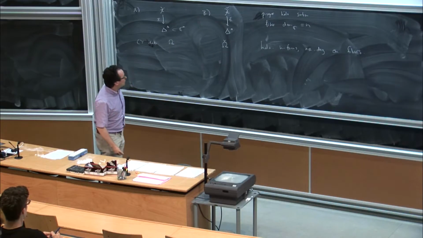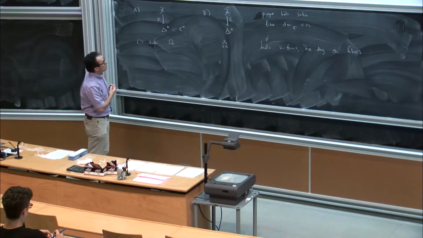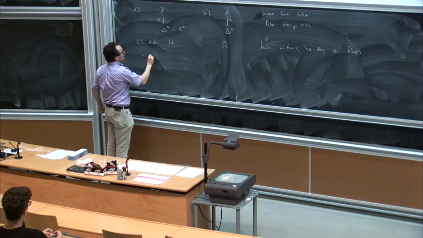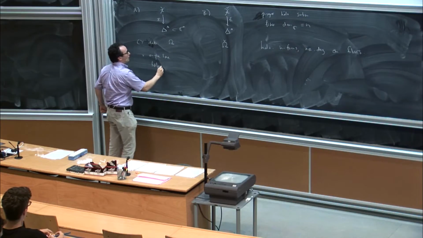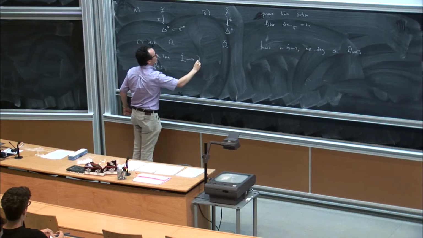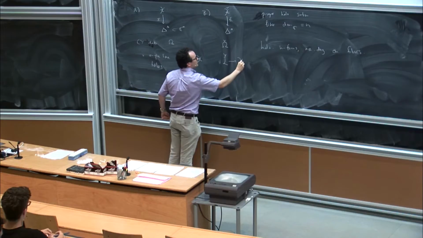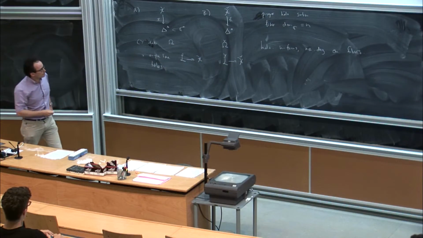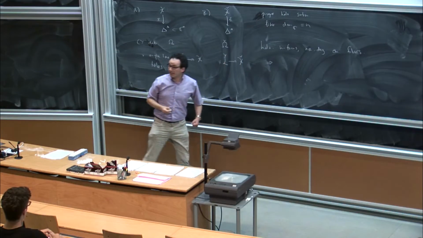And for my purposes, I want to think of both of these as projective families. So I want to think of having very ample line bundles L over X and L check over X check, so that one can think of these families as sitting in projective space.